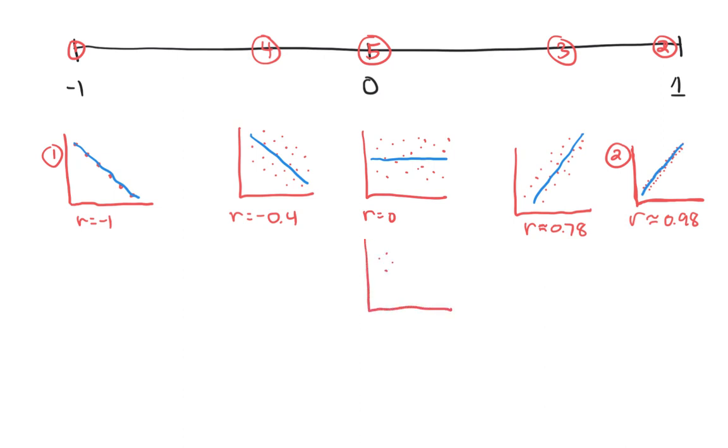Maybe you had something that did have a pattern, but it wasn't linear, something like a quadratic relationship. And if you tried to fit a straight line through this and calculate a regression equation from it, it still might look something like a straight line. So hopefully that gives you a feel for what various R values tell you in terms of the relationship between your independent variable and your dependent variable.